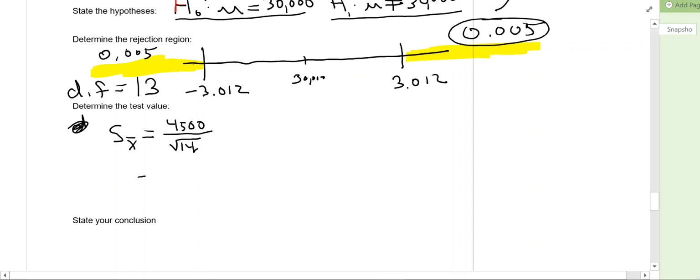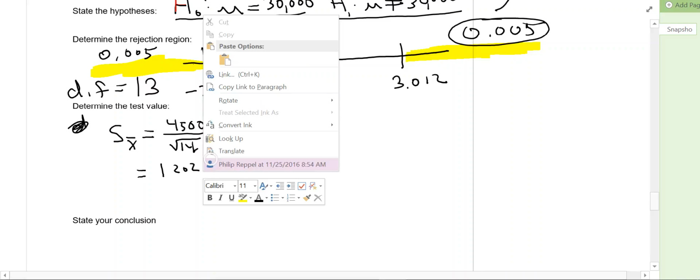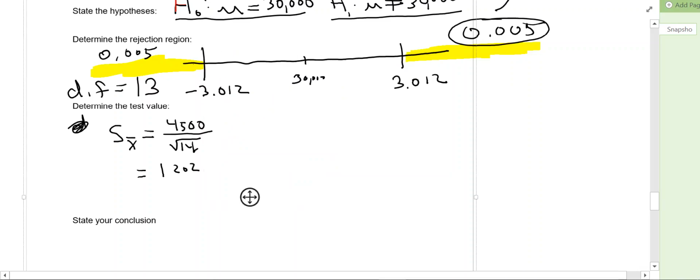We get a value of 1,202.68. Oh, what happened here? Okay, all right, let's fix that. Again, I don't edit any of this stuff, right? Okay, 68, right? So my t value, that is the test value, is the sample mean. Got to find my sample mean now.